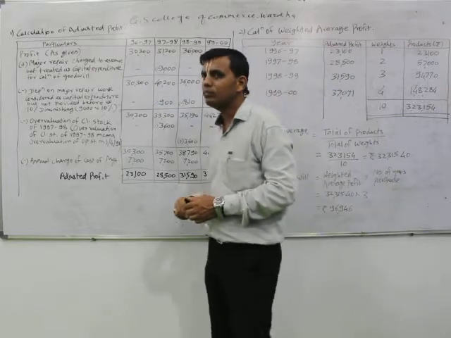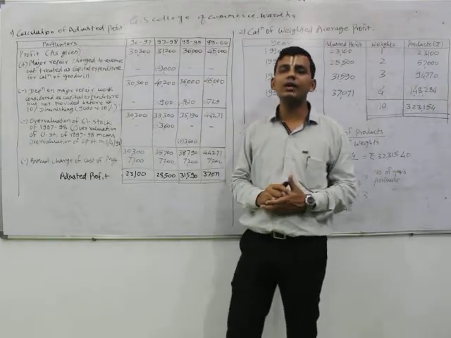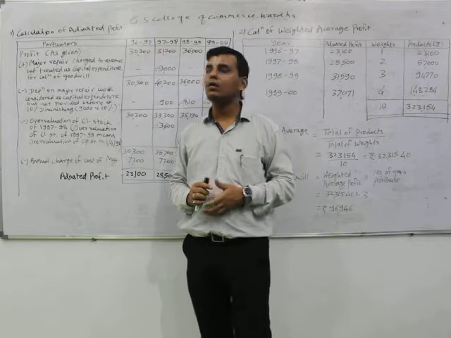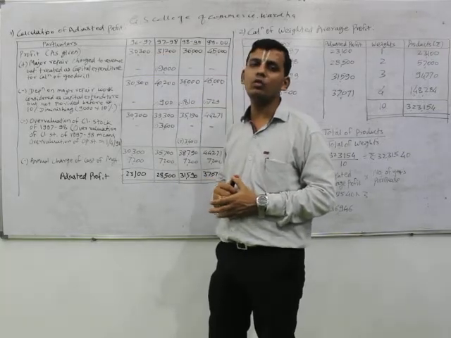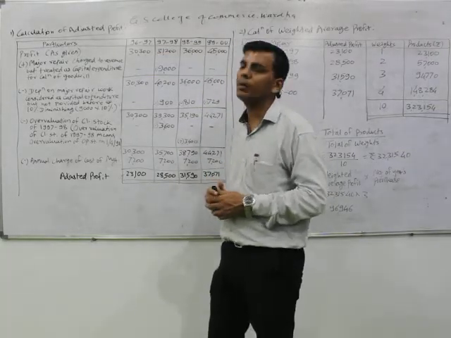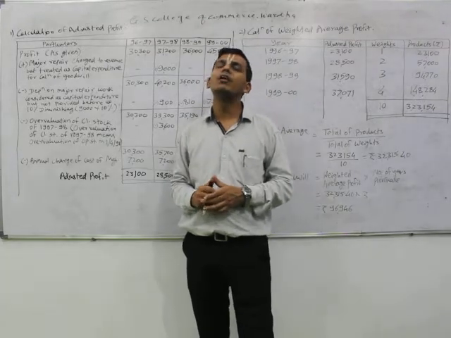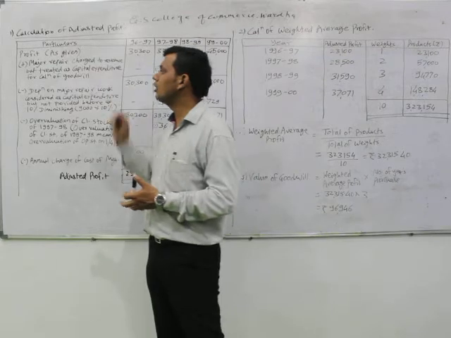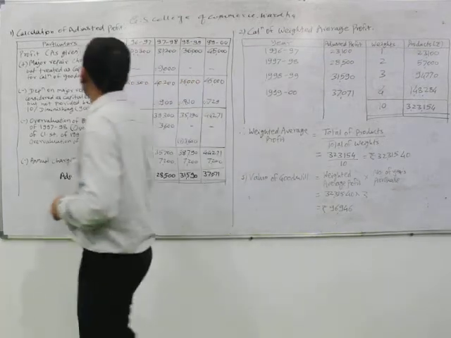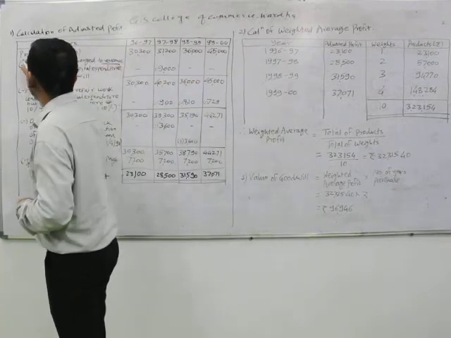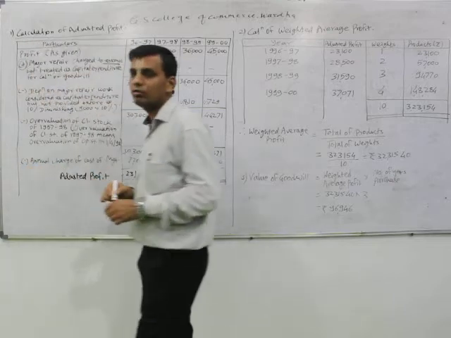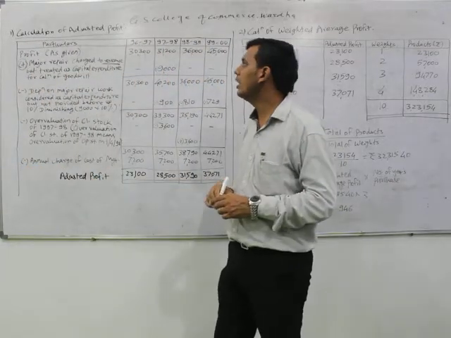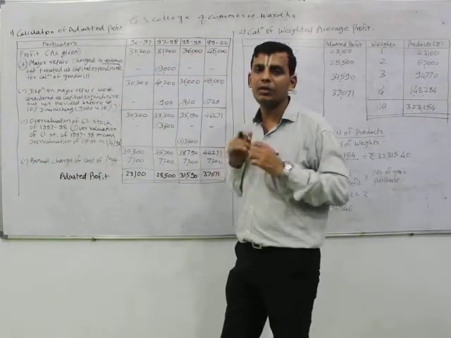The first adjustment is related to the major repair work which was charged to revenue by the company, but for the purpose of calculation of goodwill, it would be treated as a capital expenditure. As it was charged to revenue, we have to add it again. Charge to revenue means it was deducted from our revenue in the year 97-98 when that expenditure occurred.